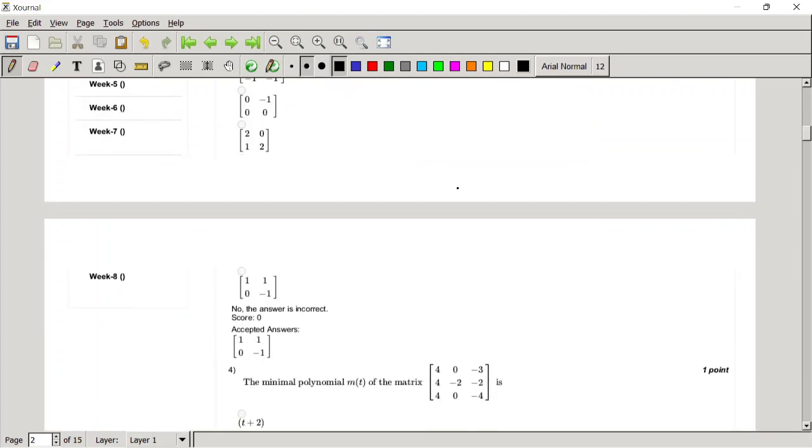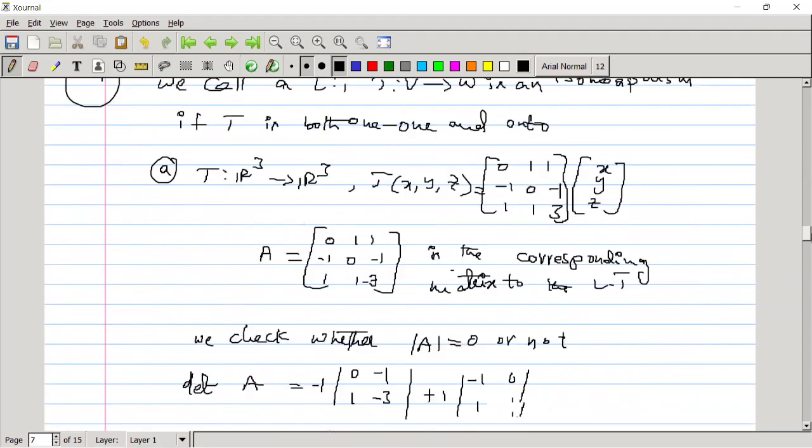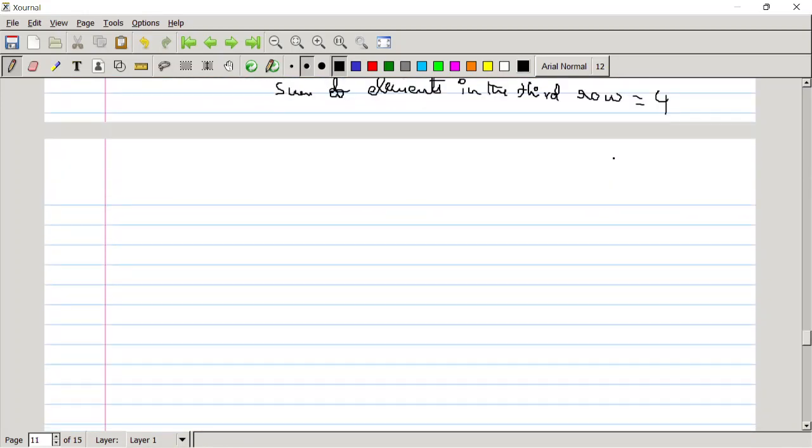So the third problem is, which of the following matrices is diagonalizable? Given 4 options, we'll check which one is diagonalizable. I think you all know when a matrix is called diagonalizable.